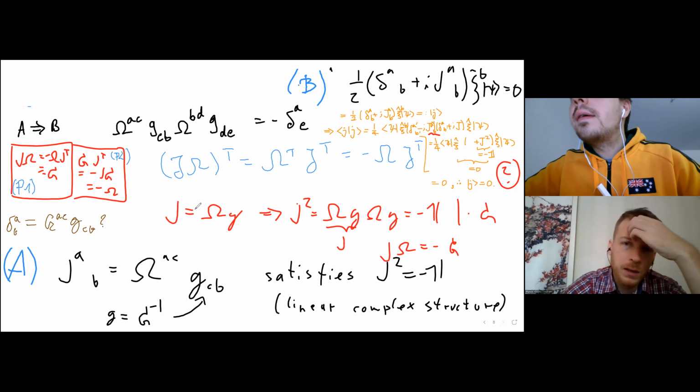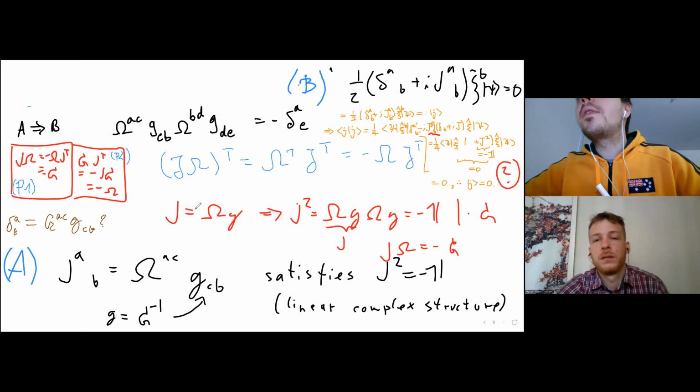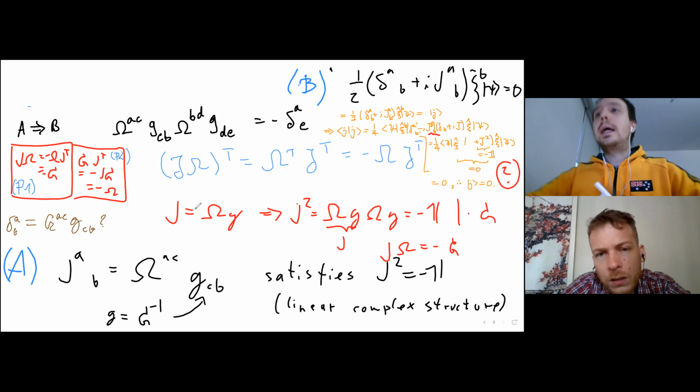Yeah, because you have two upper indices, it's not clear how to contract them or multiply with each other. Apart from that, it was a pretty good approach.